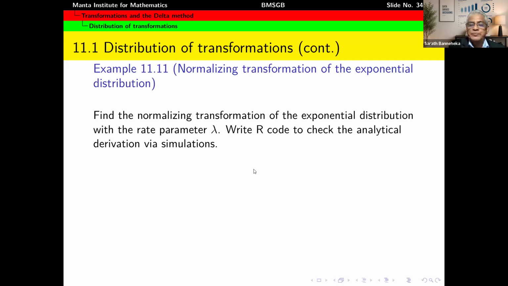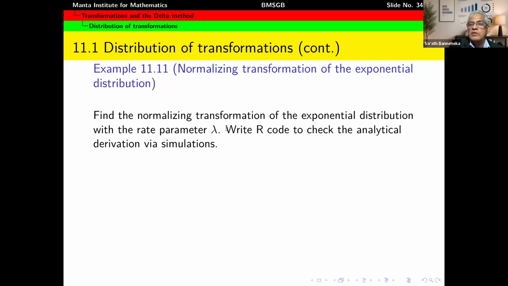So let's look at an example. Suppose you have some data from an exponential distribution with rate parameter lambda. In practice we would have to know the lambda, but in general, suppose the rate parameter is lambda. First of all, we can come up with the theory and then use the corresponding lambda when you are generating practically. So write R code to check the analytical derivation via simulation.